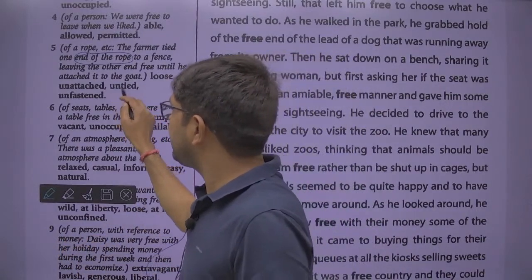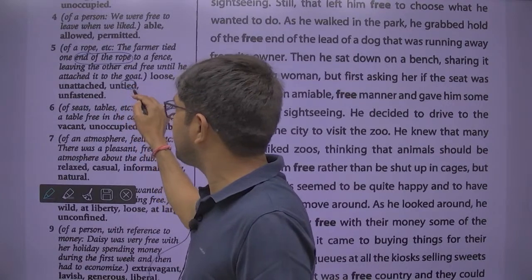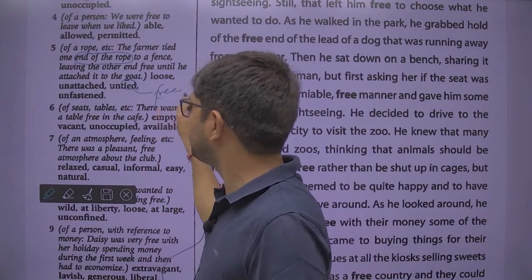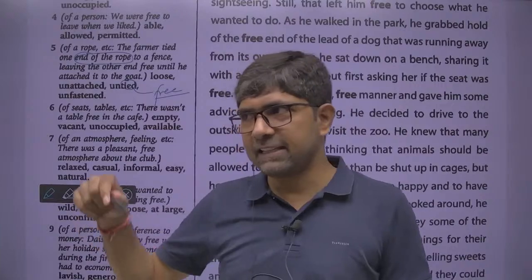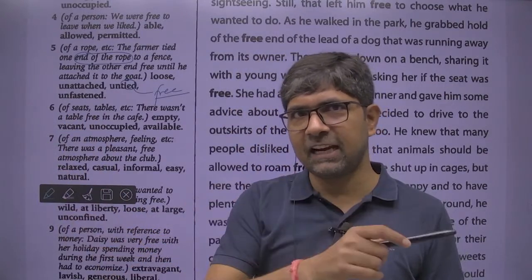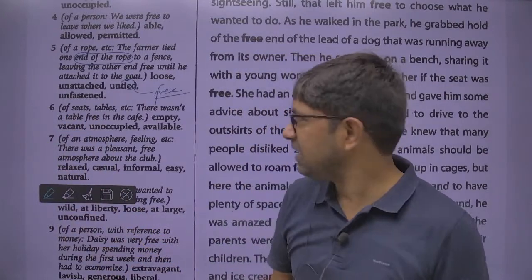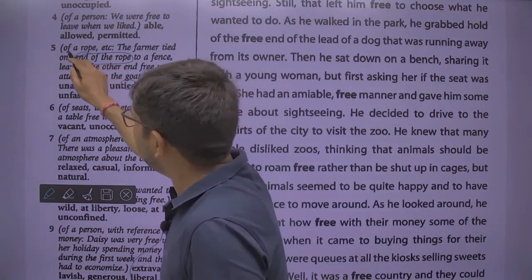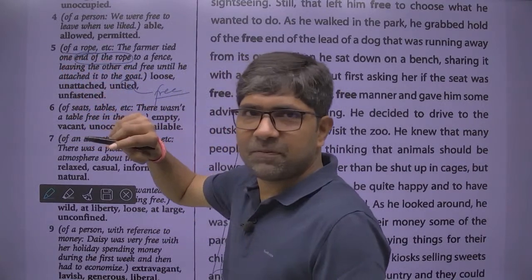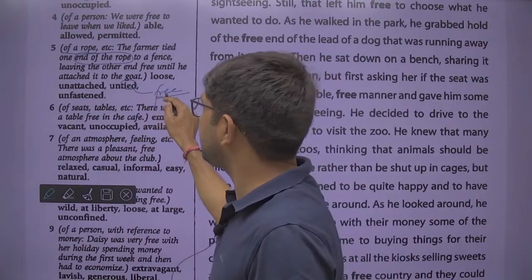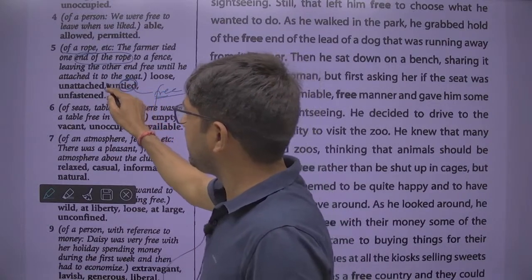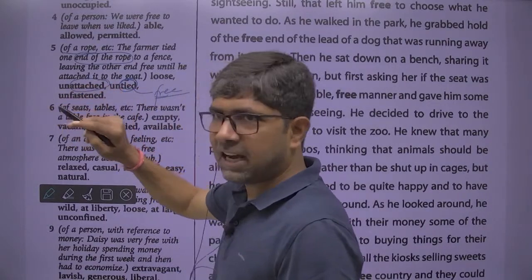It means it is the free end or the tied end. So it is the free end or the other end is the tied end. So if it is a rope, opposite of free is tied. It means that is attached.